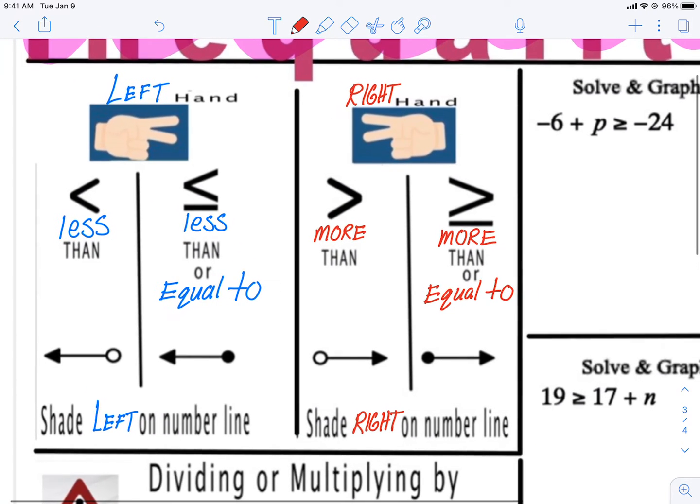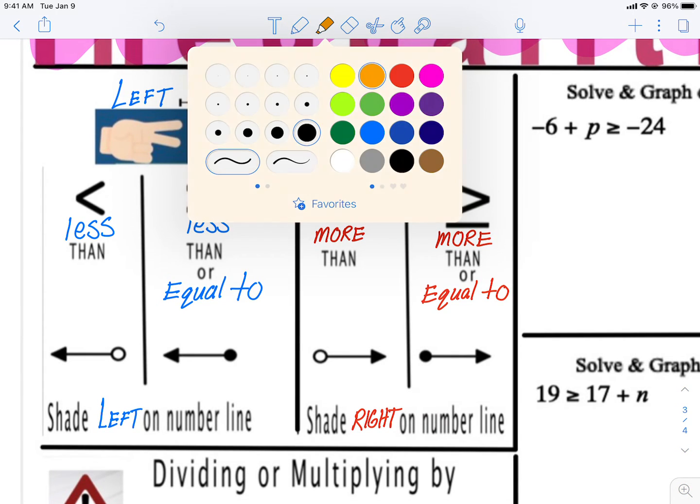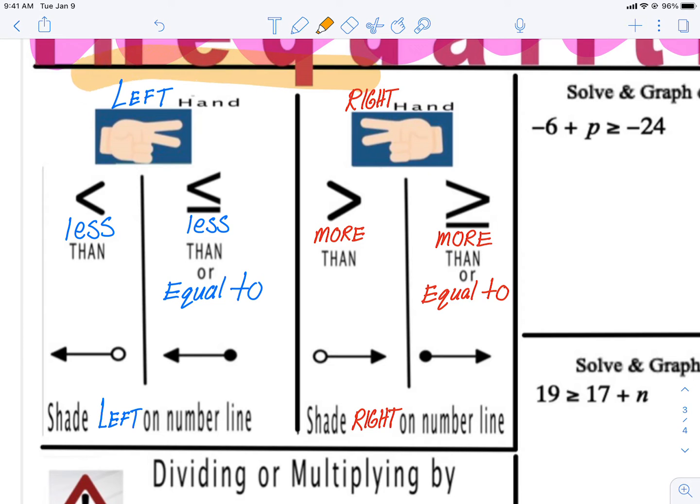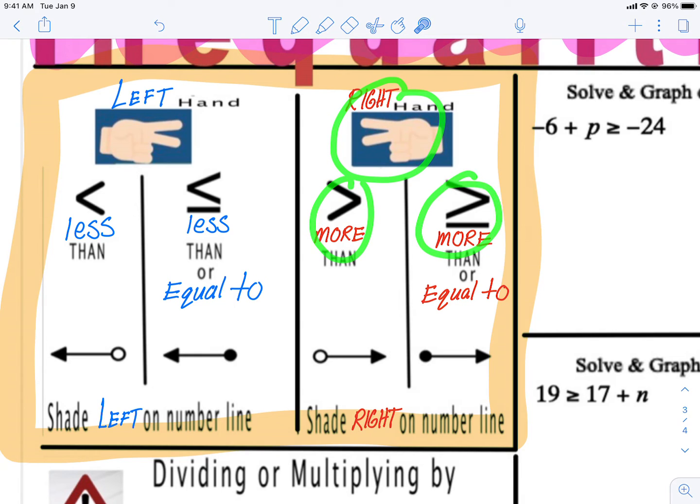So these are our two rules that we're going to remember, right? These are very important rules that we need to remember. Left hand means less than. Right hand means more than. Right?